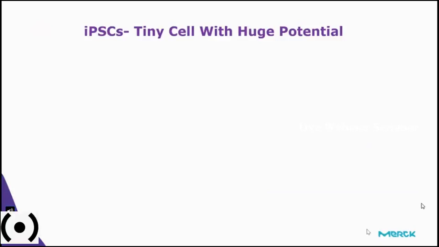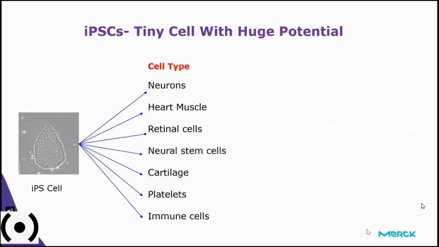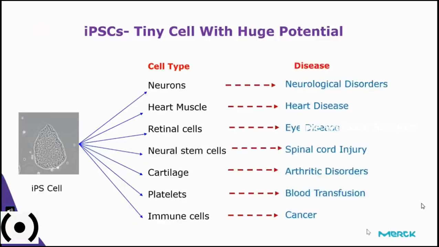So till date, iPSCs can be converted into different cell types: neurons, heart muscles, retinal cells, neural stem cells, cartilages, platelets, immune cells, and they can be used for different diseases like neurological disorders, heart disease, eye disease, spinal cord injury, arthritic disorders, blood transfusion, and cancers. So there is a great future of iPSCs, but there are still challenges also.